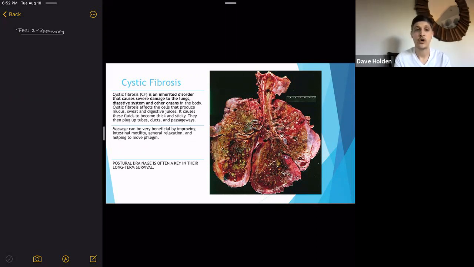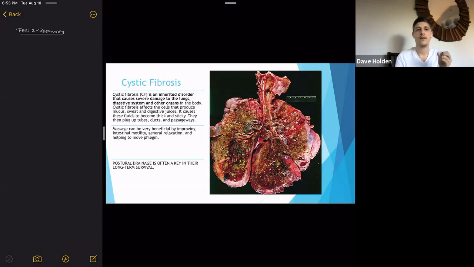So cells that secrete things like mucus, sweat, digestive juices, all of the cells that are doing the secretions have a mutation in one of the proteins in that fluid, which makes the fluid very thick and sticky. So the fluid starts to plug up tubes, which you can imagine gets really bad when you're talking about lung tubes, like breathing in your lungs, or kidneys or liver, little places like that.